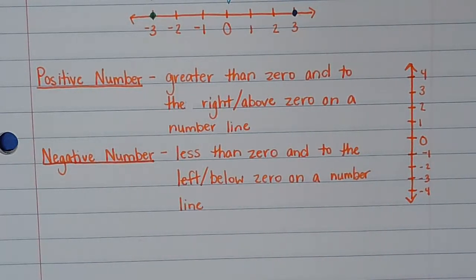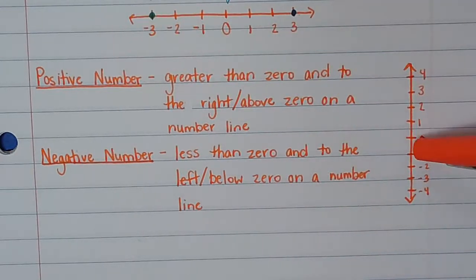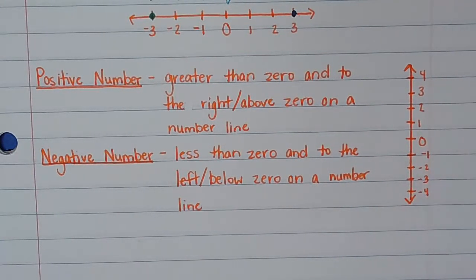Once again, if you have a horizontal number line, anything to the left is going to be negative. If you have a vertical number line, anything below 0 would be negative.